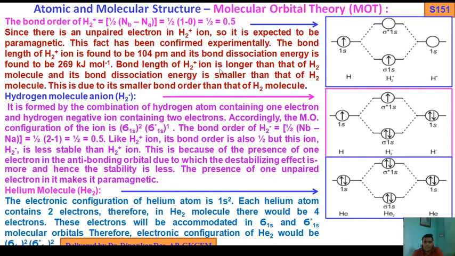The bond length is longer than that of H2 molecule and its bond dissociation energy is smaller, due to the smaller bond order compared to H2 molecule. Okay, this is the representation of the MO diagram for H2 plus.